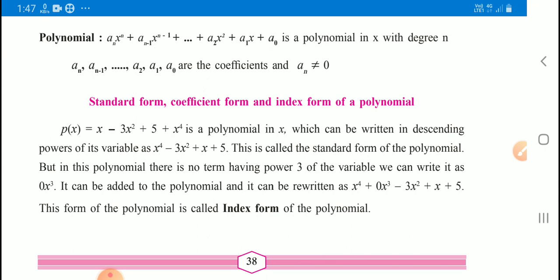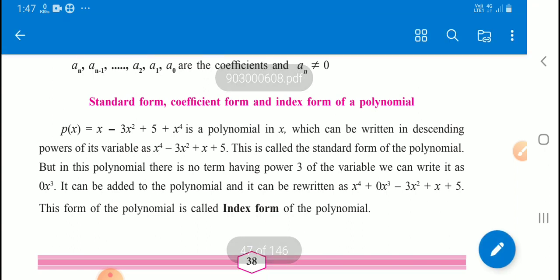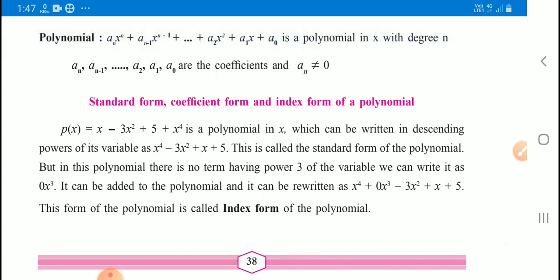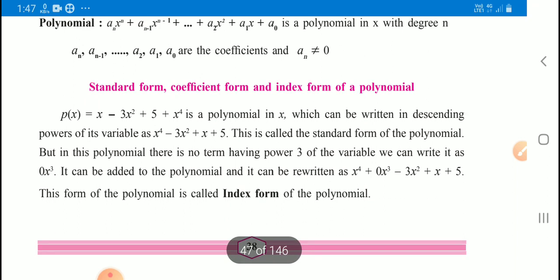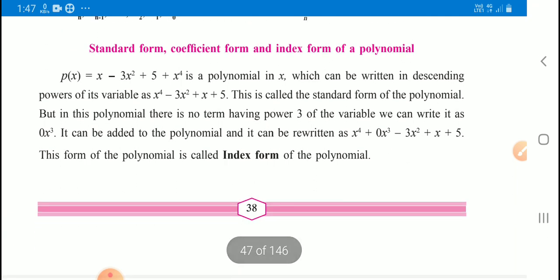First we write the highest power of the variable, then the next, and so on. Here we have to write this in the standard form as x raised to 4 minus 3x square plus x plus 5. This is called the standard form of the polynomial when you arrange the polynomial in the descending powers of the variable.